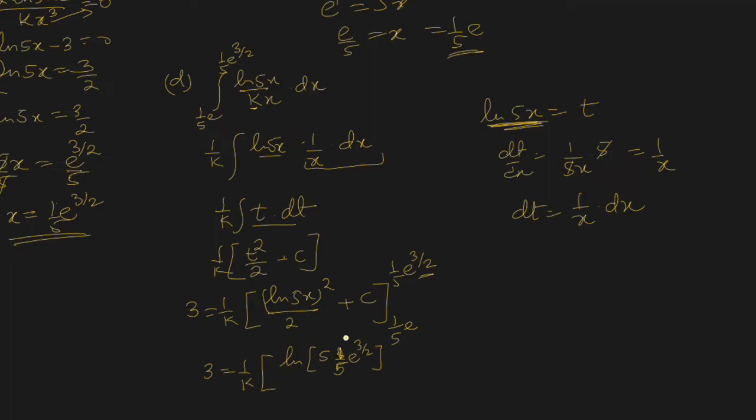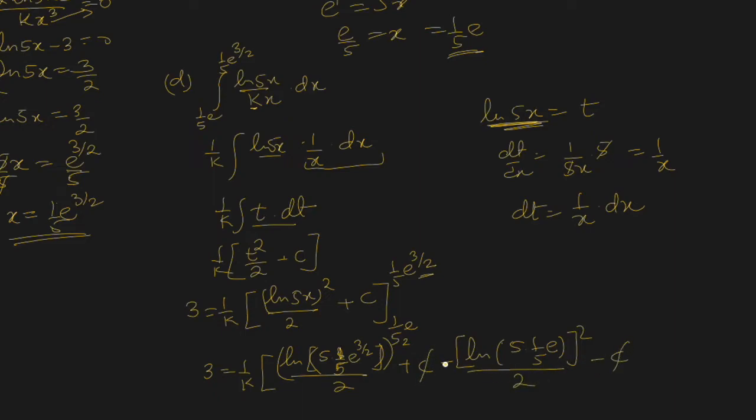We'll have to give the smallest bracket for this, and this is squared over 2 plus c, minus ln 5 times 1 over 5 just e, squared over 2, minus c.